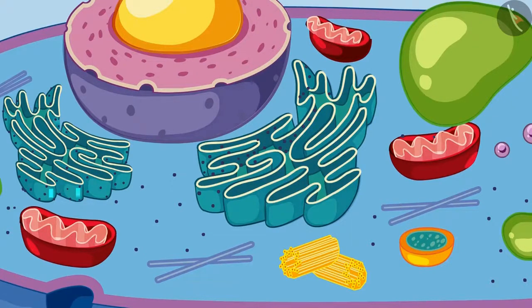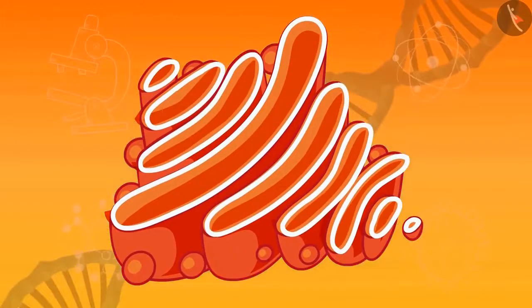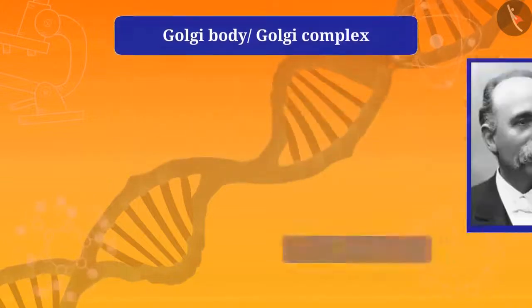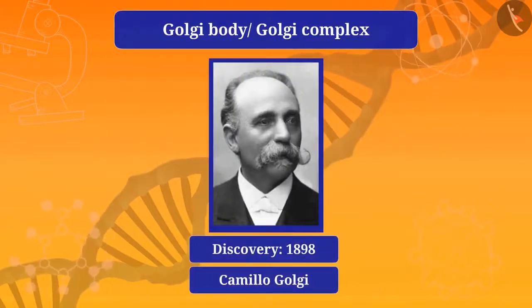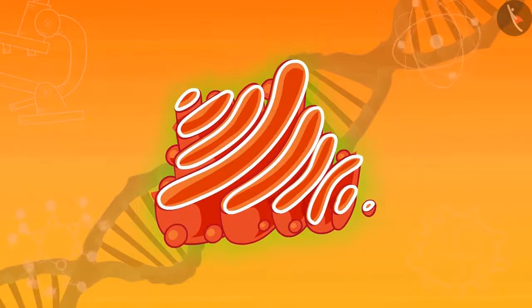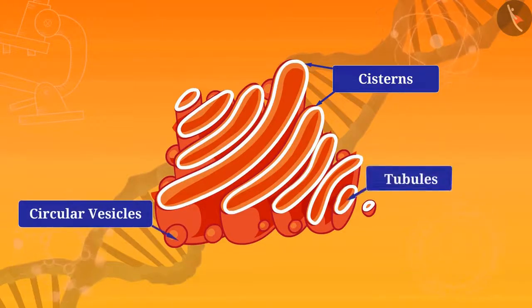Now we will understand the next cell organelle, the Golgi apparatus. It is also called Golgi body or Golgi complex. It was discovered in the cell in 1898 by Camillo Golgi. It consists of a system of membrane-bound vesicles arranged approximately parallel to each other in stacks called cisterns. The Golgi apparatus also has circular vesicles and tubules.